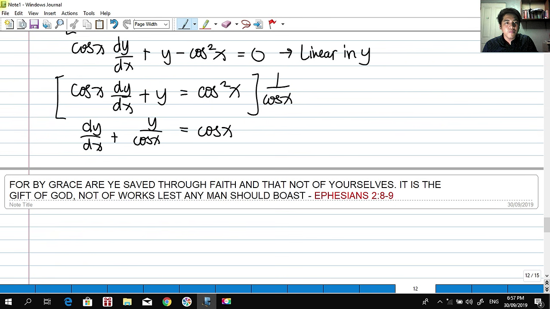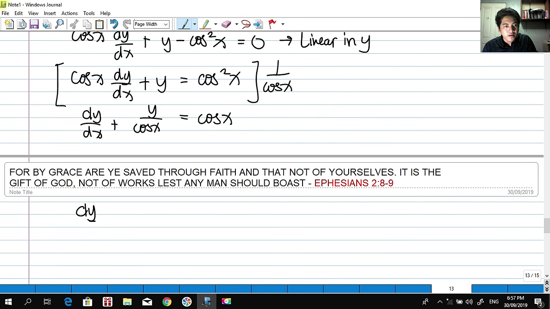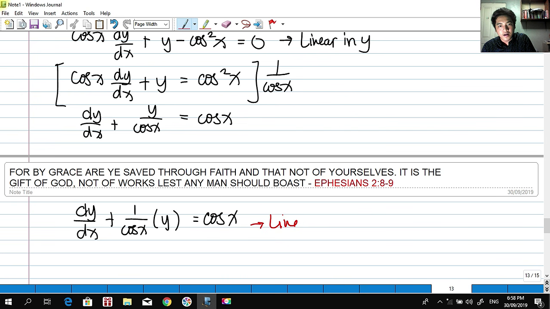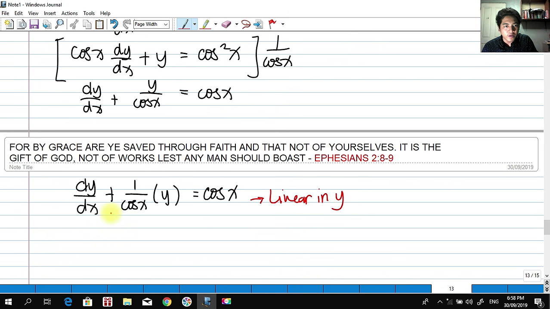So, rewriting, dy/dx + 1 over cosine of x multiplied by y = cosine of x. As you can see, this is linear in y. We have 1 over cosine of x as p of x, and cosine of x as q of x.